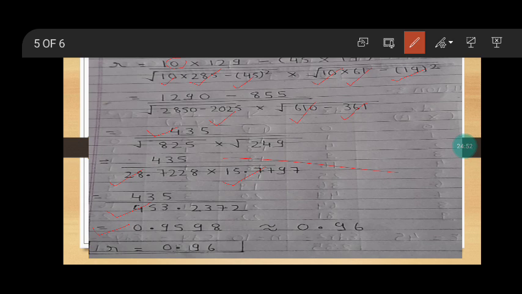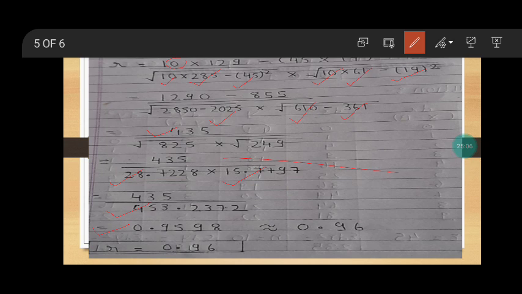So now we are going to approximate this value. So approximately the value of correlation would be 0.96. Why have I written 0.96 over here? Because here you can see that it is 0.9598, and if the next digit is more than 5, you have to add 1.